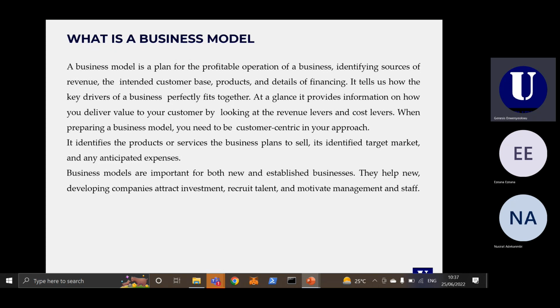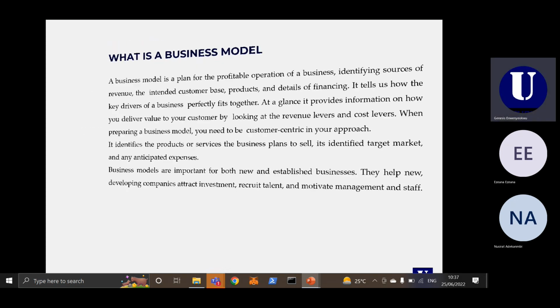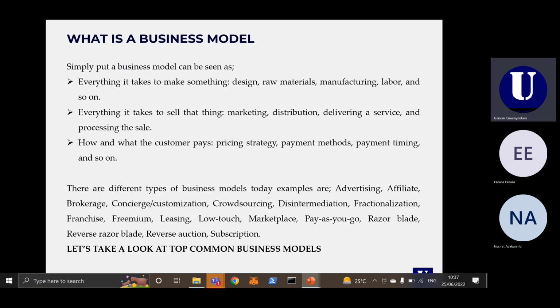It helps to identify products or services the business plans to sell, the markets, and the anticipated expenses. Business models, simply put, can be seen as everything it takes to make something. It can also be seen as everything it takes to sell that particular thing.